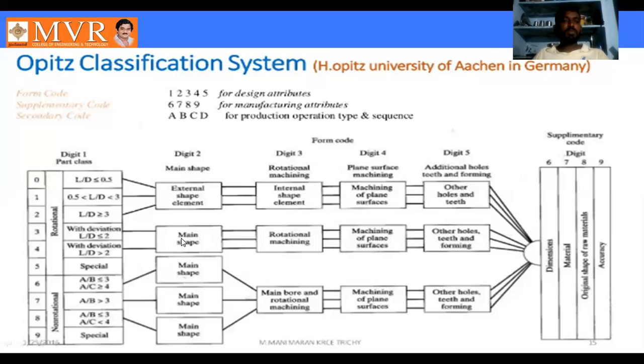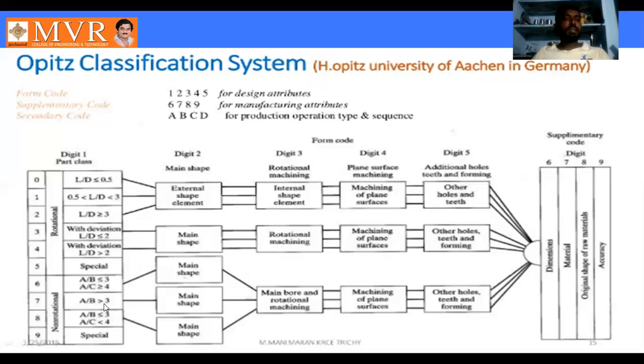So in design attributes comes to the main manufacturing attributes, it is a non-rotational one. So see here we are taking 6 7 8, 6 7 8 we are taking one. So the first one is main shape, these 3 1 6 7 8 1 we are choosing one. So digit 1 onwards. So A by C less than or equal to 3, A by C greater than or equal to 4 1.